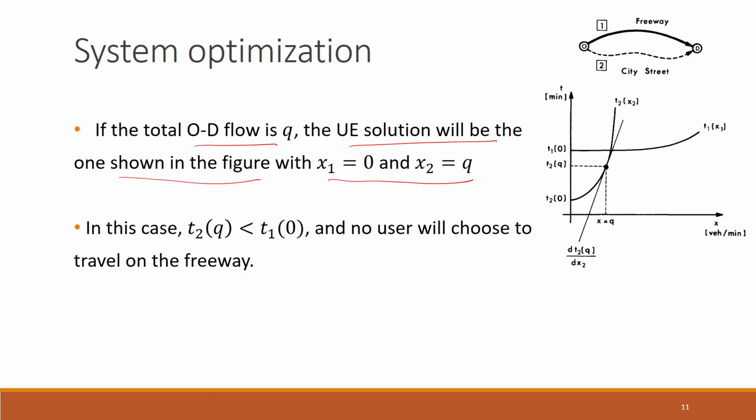Now in this case, suppose Q is such that t_2(Q) is less than t_1(0), that is, this value is less than this. So that is why it is best that every user takes this second path only in the user equilibrium case. Okay, so then no one will choose this first path. Let us suppose that this first path is representing a freeway, and this second path is representing a city street here.